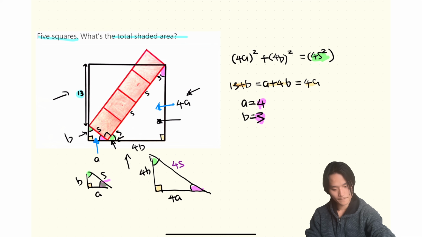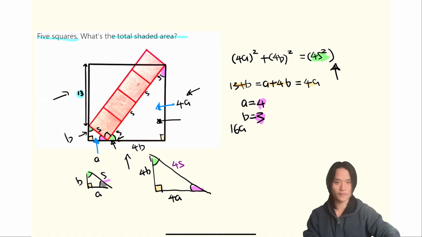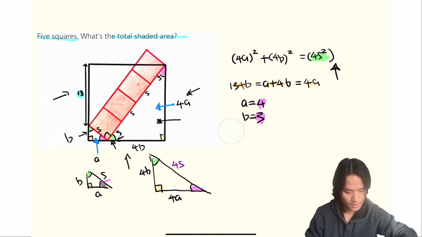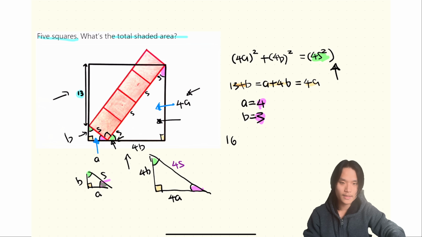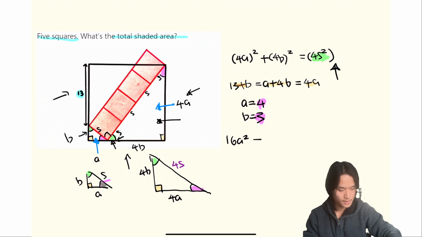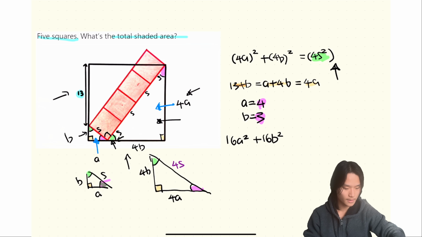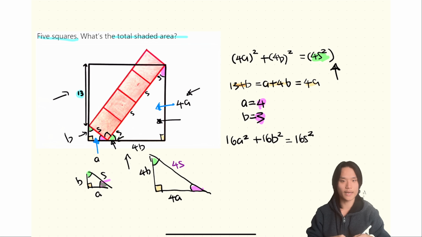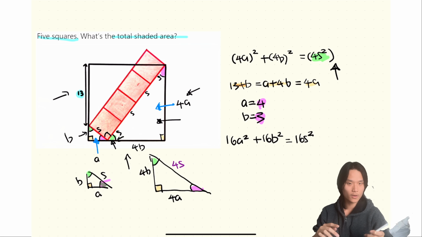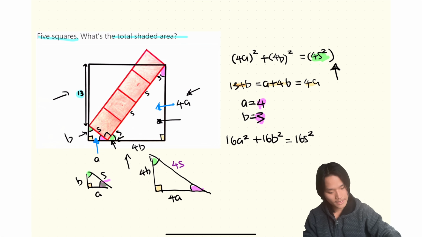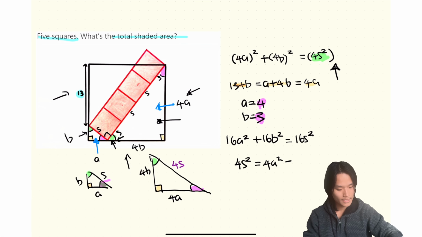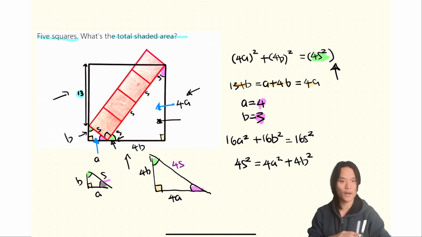So now we go back to this equation we just formed. We do a bit of simplification. The equation becomes 16a squared plus 16b squared equals 16s squared. Now, if we divide the whole equation by 4, what we get is 4s squared equals 4a squared plus 4b squared.